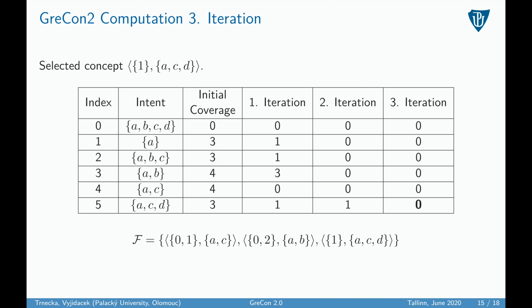So the computation ends with the concepts contained in the set F. The older algorithms, GreCon and GreCon D, in this case return the same factorization. GreCon and GreCon 2 always return the same set of factors. Unlike GreCon D, which sometimes returns a different set, and it's because of a different search strategy.